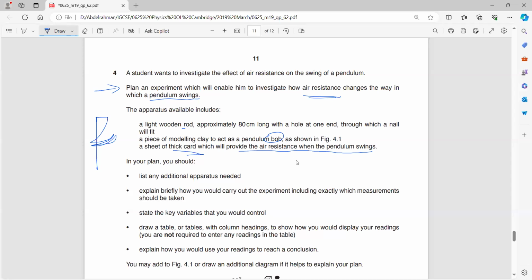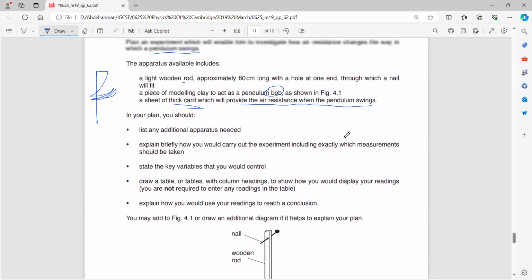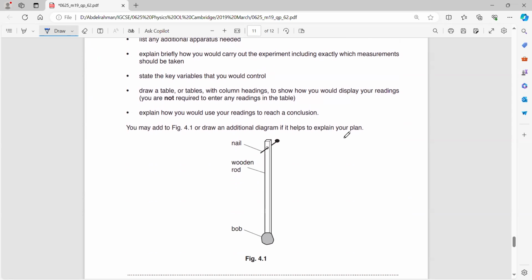That's how you will change the air resistance, using this thick card.